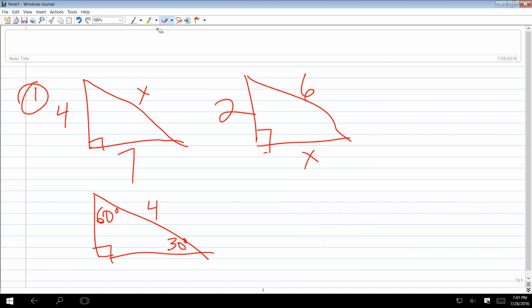Any side of a right triangle, remember this, always starts out the answer with square root of. Just remember that. Always, always starts out the answer with square root of.